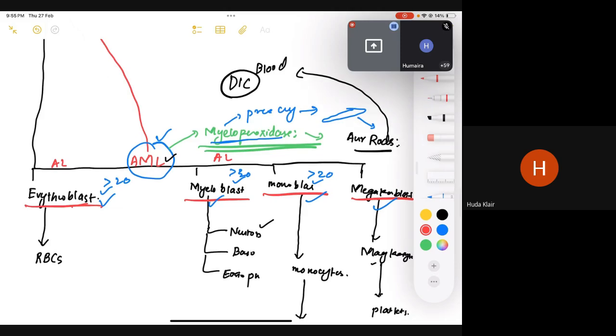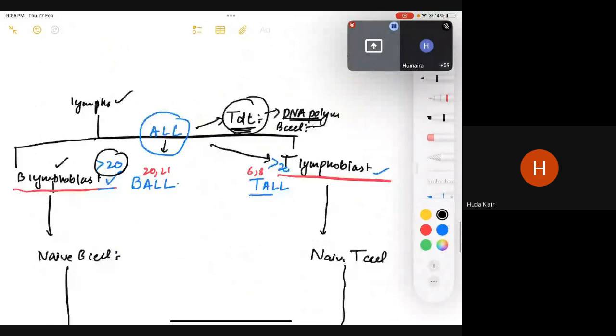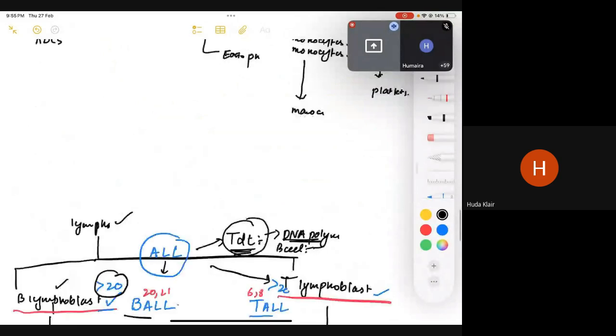We can have greater than 20% blasts, but their parent can be a different blast. So what should be the term I use for blasts coming from the lymphoblast? If it's coming from B, I'll simply call it B-ALL, and T-ALL.